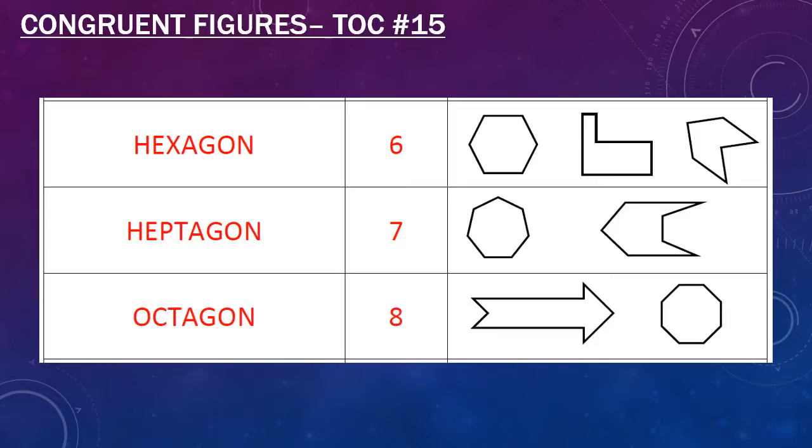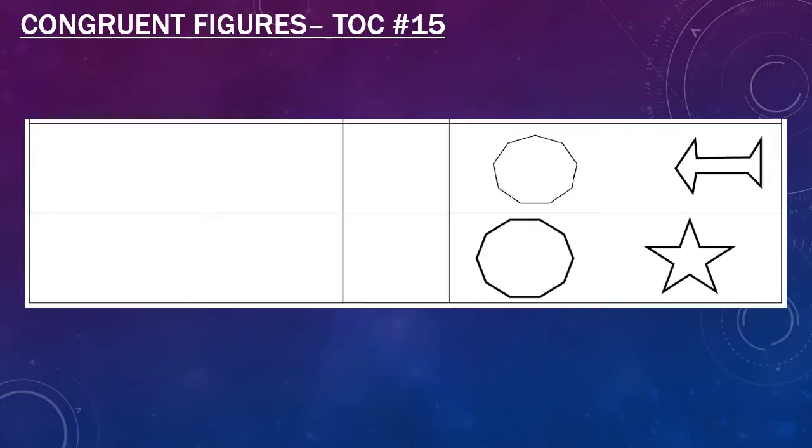An octagon has 8 sides. That's a stop sign. See, the stop sign is a regular polygon or a regular octagon because all of its sides have the same measure and all of its inside angles would also have that same measure. The next shape is a nonagon, and that has 9 sides.